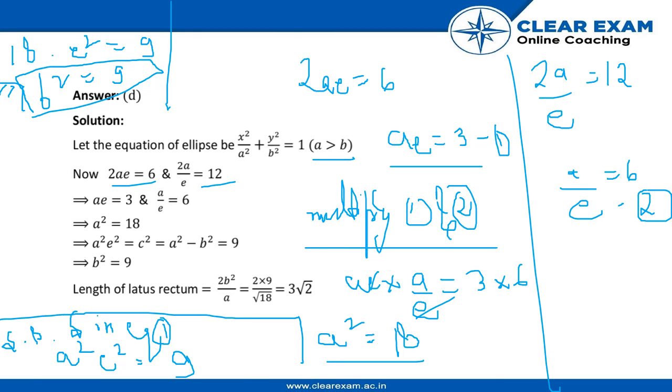And what we are going to find is the length of latus rectum. So latus rectum is calculated as 2b square by a. Let me erase this.